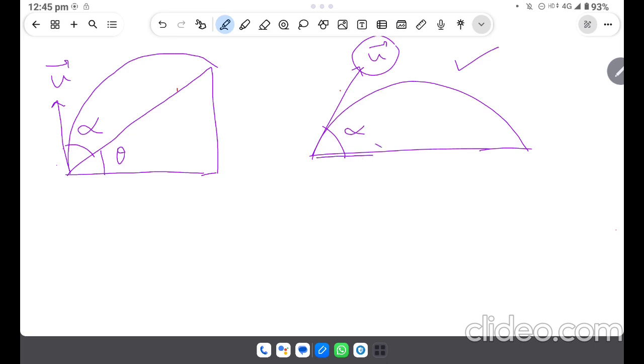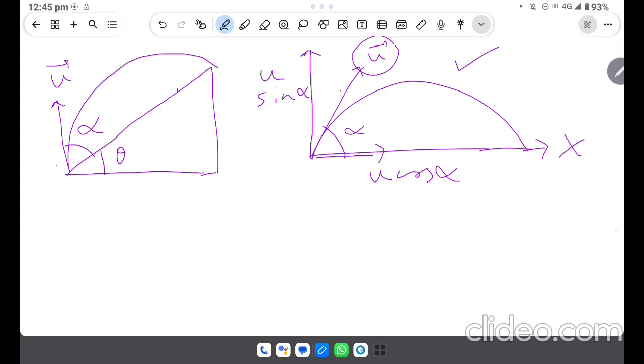The x component of the u was u cos alpha, which was along the x axis, right? And the perpendicular component or the y component was u sin alpha, right?